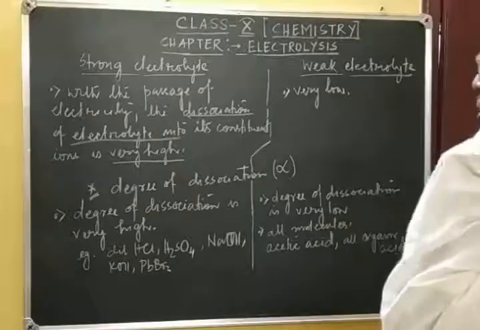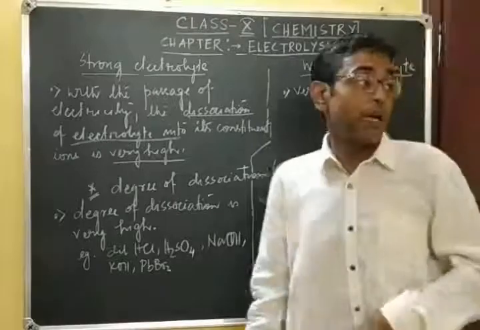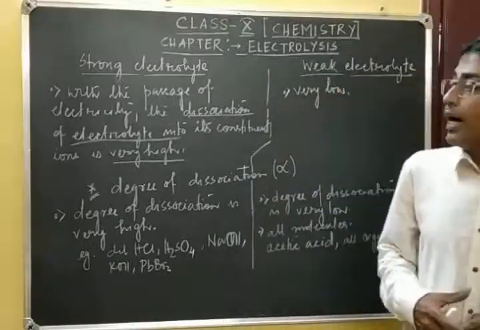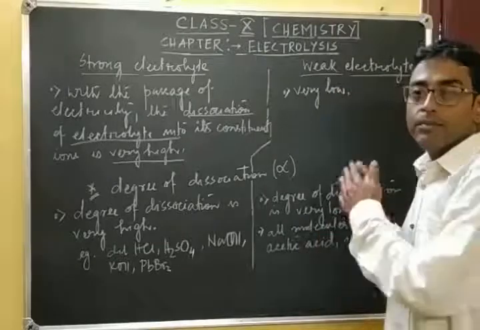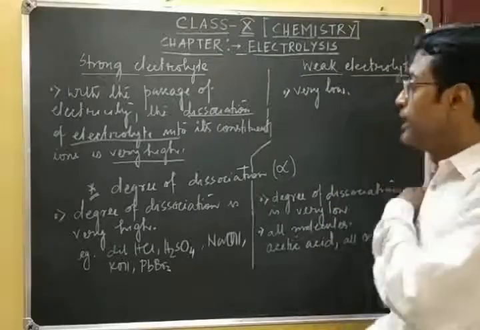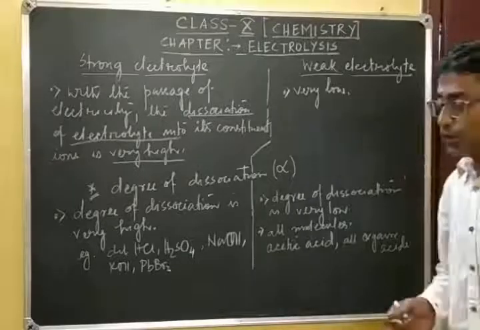So what are strong electrolytes? The electrolytes where the degree of ionization, that means the capability of forming ions, is very high, are called strong electrolytes, and where the capability of forming ions is less are called weak electrolytes.